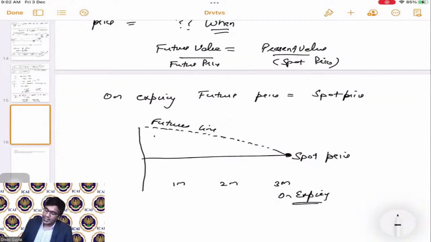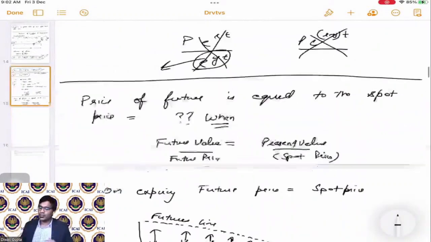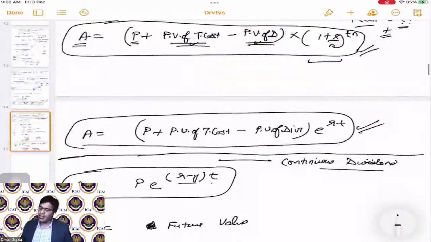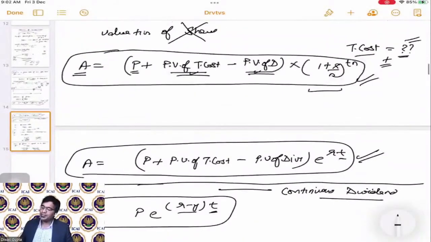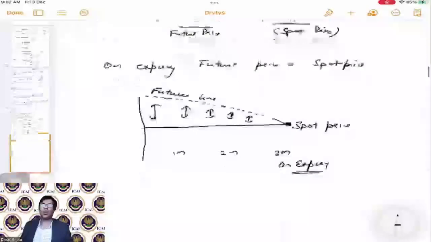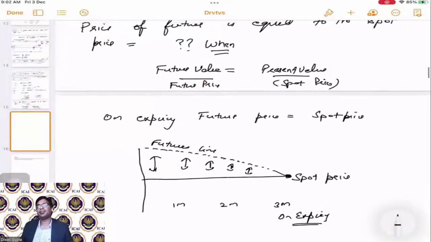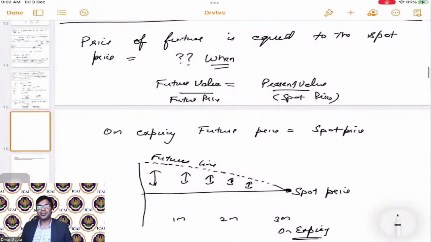And hence the gap between both of them will be lesser and lesser once it approaches the maturity. You're getting my point? Because the T is getting reduced in the formula. The T is getting reduced, this T. That will create an impact on the valuation.